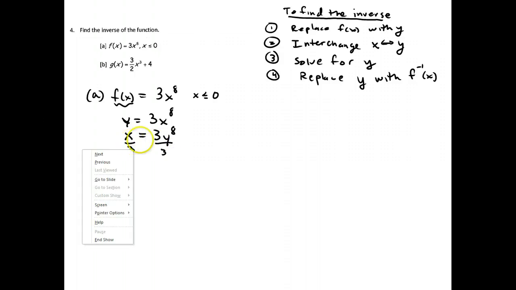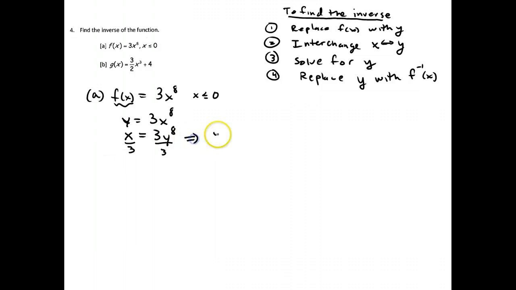So I have that y to the 8th is x over 3. And then we take the 8th root to undo the fact that it's to the 8th. And it gives us that y is the 8th root of x over 3. Step 3 is done.